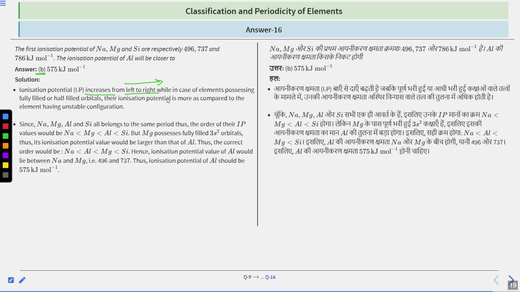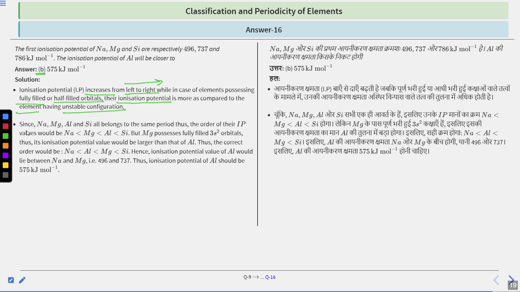But in the case of elements having fully filled or half-filled orbitals, like p6 or p3, if we want to extract electrons from p6 or p3, the ionization potential we need is more as compared to elements having unstable configurations like p5, p4, p2.